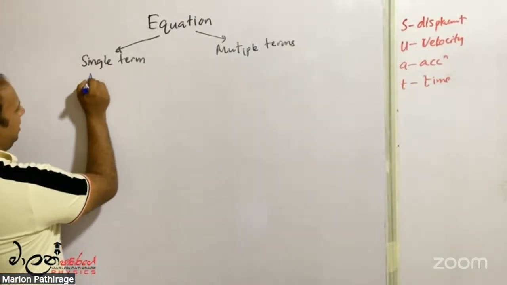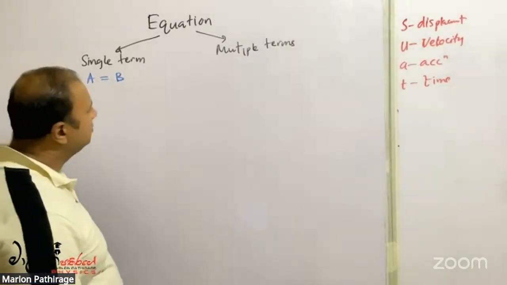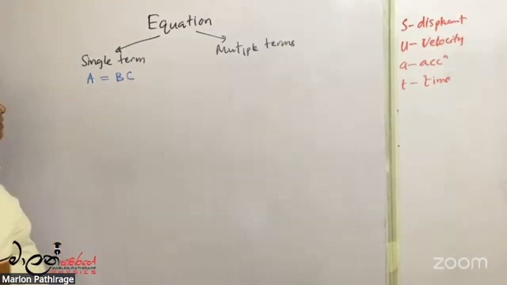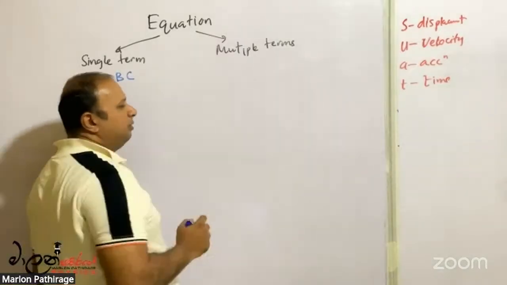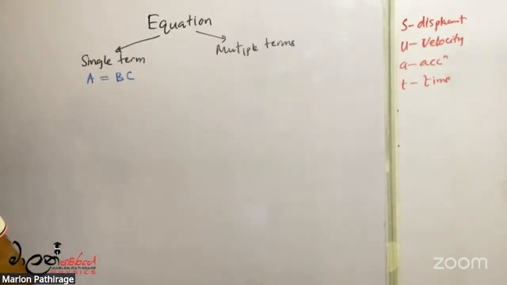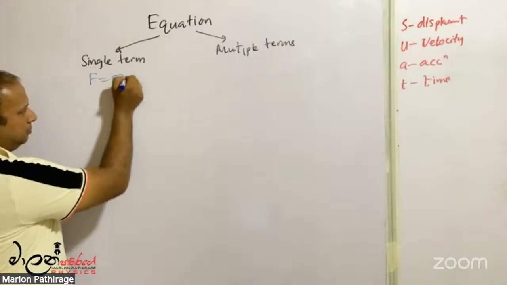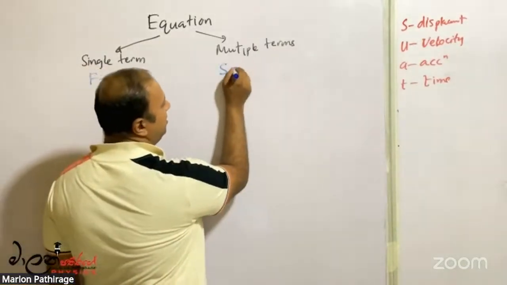Single term is this kind of one: A equal B, or A equal BC, a multiplication. An actual equation, F equal M a. Multiple term is S equal u t plus.